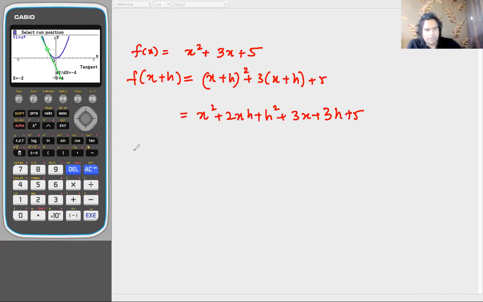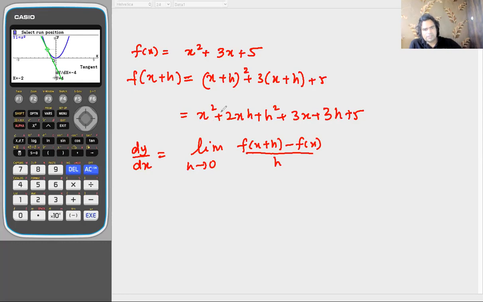So what we're going to do now is plug into the formula for the derivative function. The limitation is that h should be close to 0, and it's f of x plus h minus f of x over h. So f of x plus h is this value, so I'm just going to write it down as it is. It'll be x squared plus 2xh plus h squared plus 3x plus 3h plus 5 minus f of x.